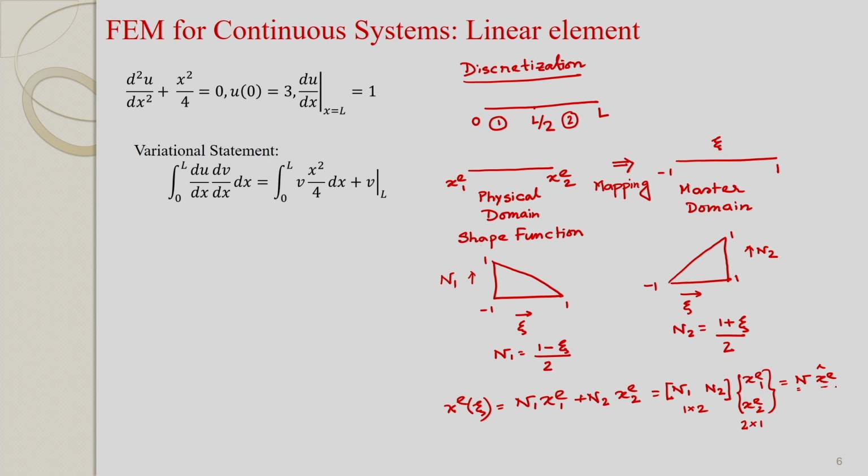So, we can write in this matrix notation x e as n x e hat, where these are nodal coordinates. We have two nodes 1 and 2. So, this is nothing but nodal coordinates.